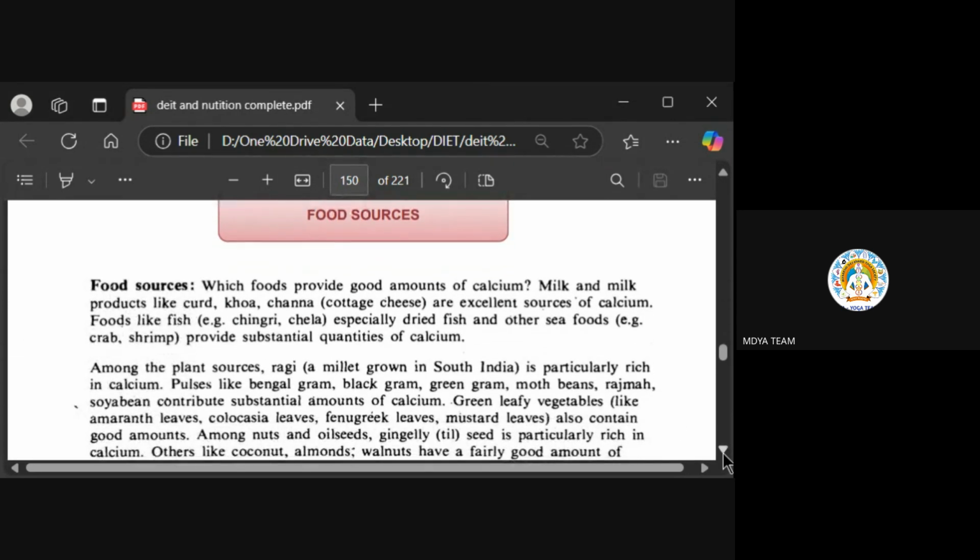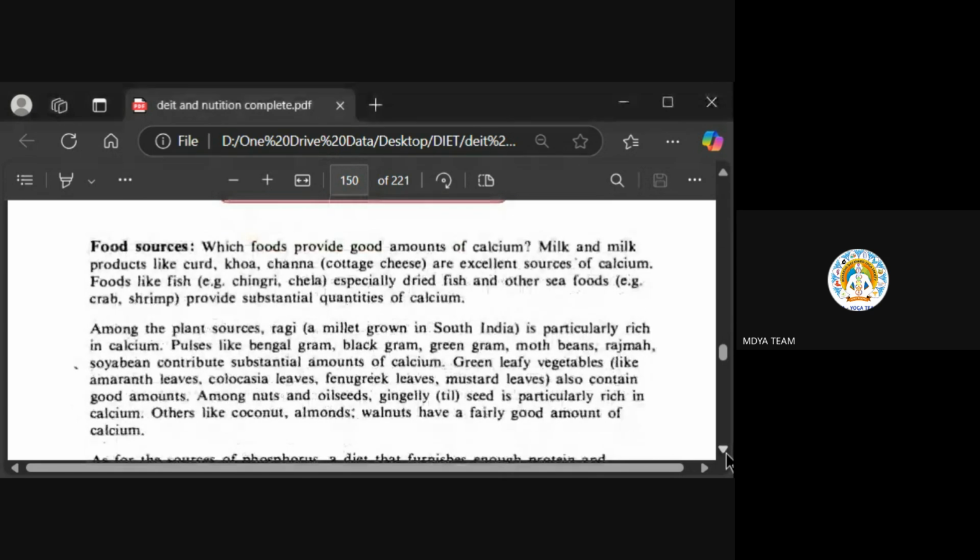The sources of calcium and phosphorus are basically cheese, yogurt, milk, dark green leafy vegetables, ragi, and the whole pulses. So milk and its products mainly are the excellent sources. Fish, especially the dried one, and seafood have substantial quantities of calcium.